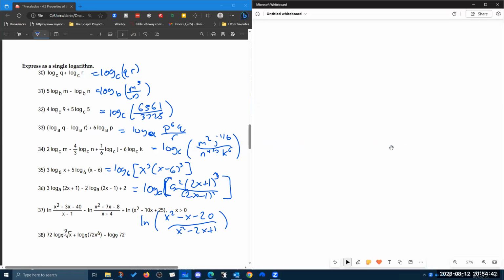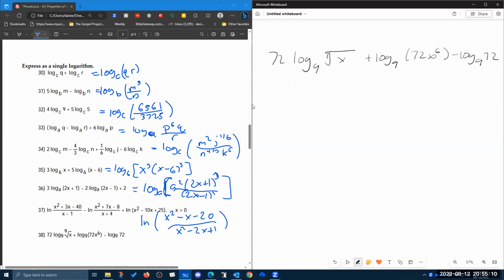And got one more here. 72 log base 9 of the 9th root of x plus log base 9 of 72x to the 6th minus log base 9 of 72.